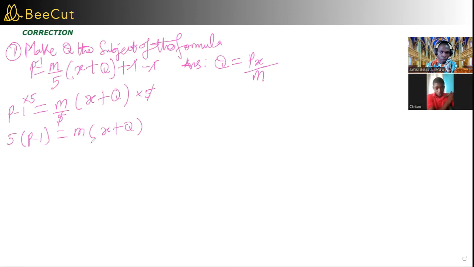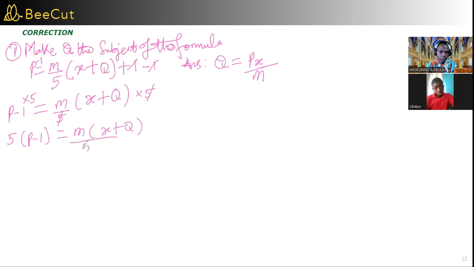Now, what next is disturbing our Q from standing alone? We have X, we have M. Which one is far away? M. Very good. So what's the relationship? Is it addition to this bracket, or multiplication, or division, or subtraction? This is multiplication. Very good. So you have to use what? Division.